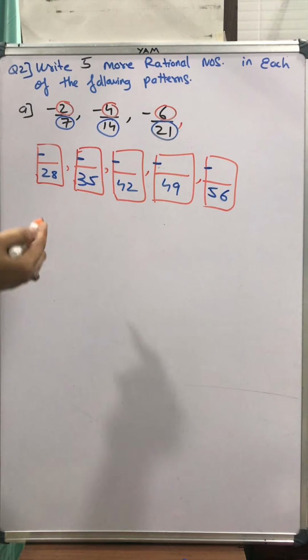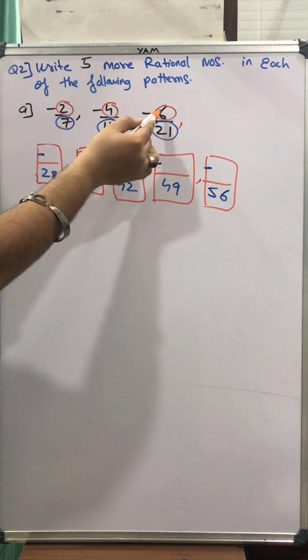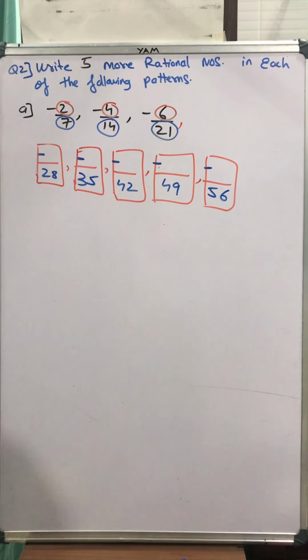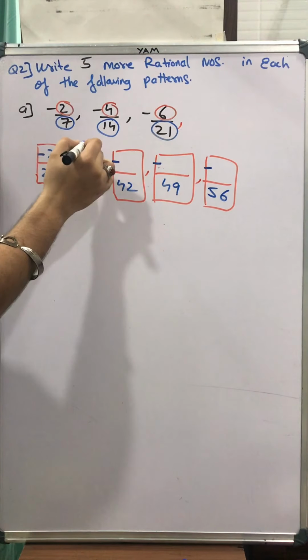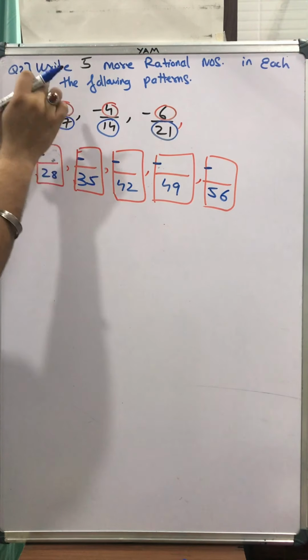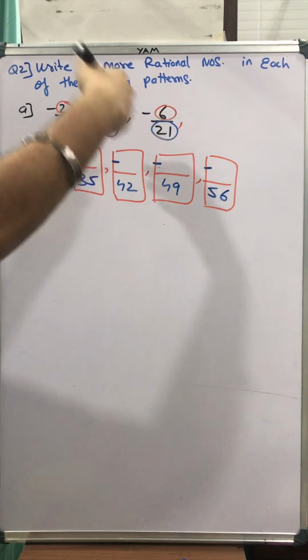Students, it's the 2 times table: 2 ones are 2, 2 twos are 4, 2 threes are 6, 2 fours are 8.